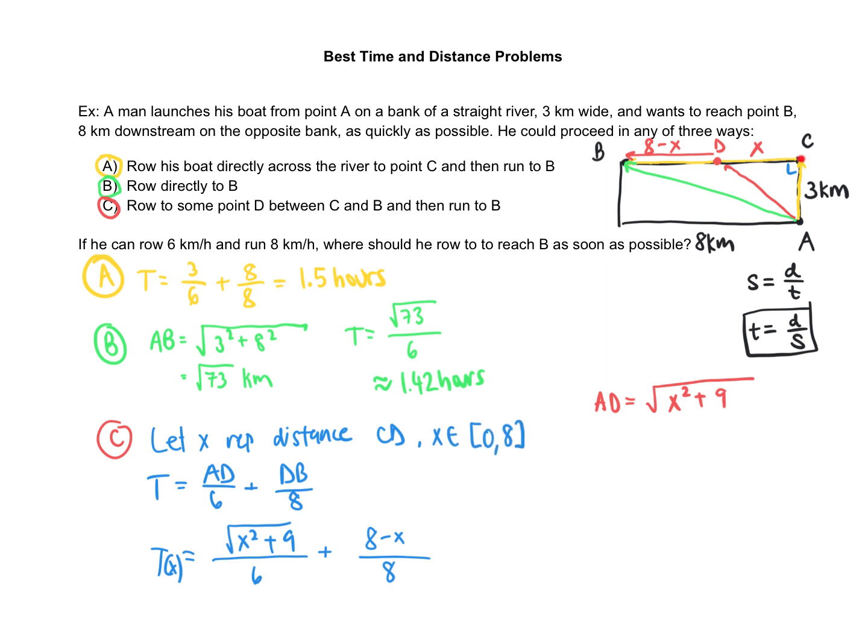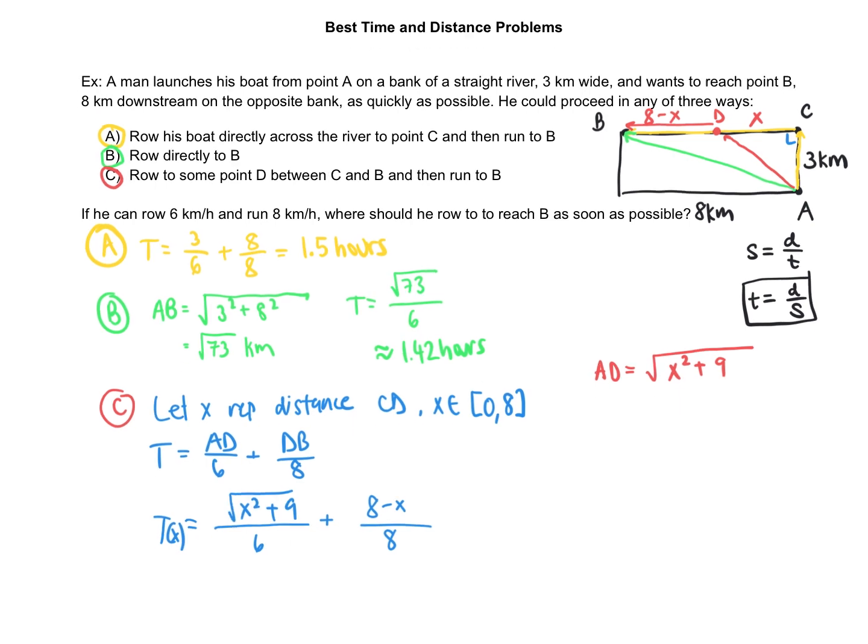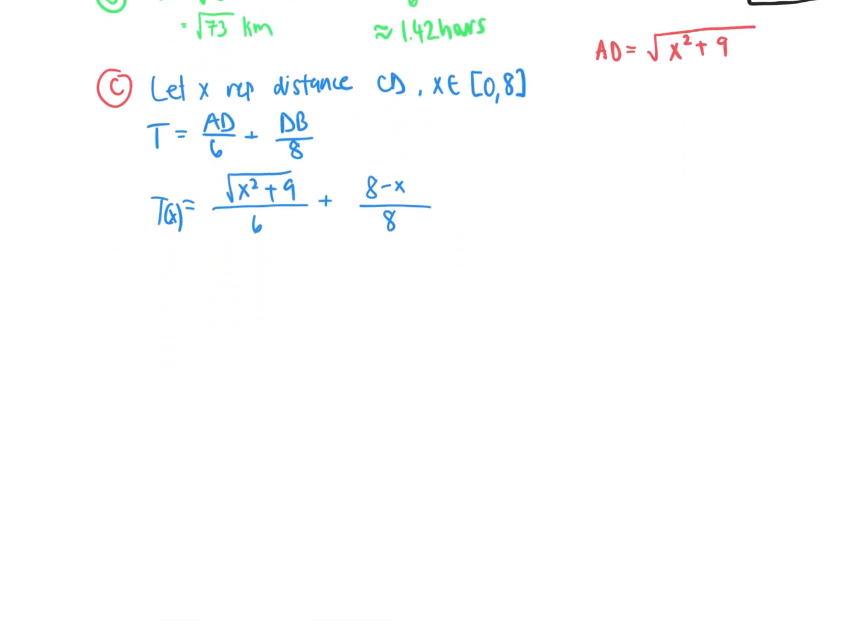So if x is 0, so that means D is right here where C is, that's just option A. So I don't even have to test it because I already know the time for option A. And if x is 8, that puts point D right on B, which is option B. So actually the restriction that we have on x there covers option A and B that we've already done. So when I do my test value, it's only going to be for my critical point. But let's go ahead and start on that derivative.